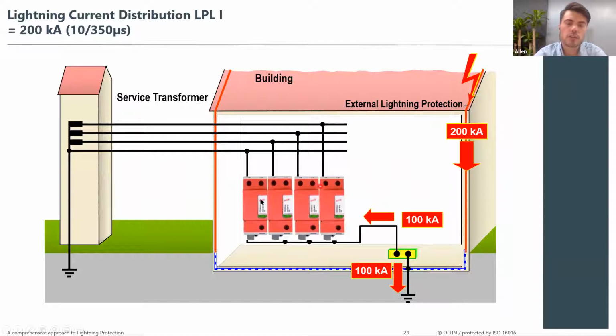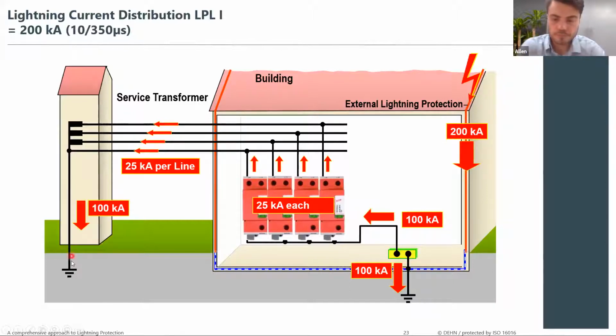Now you need to install the correct type of SPDs to be capable of withstanding the 100 kA lightning currents. This is done via 25 kA arresters, which are rated 25 kA per module. So the lightning current splits into 4 equal currents into your electrical system. This 25 kA per line goes back to your transformer station and then goes to ground.